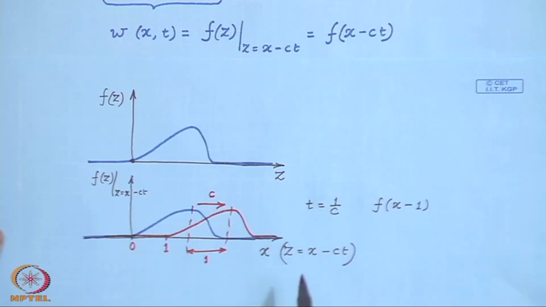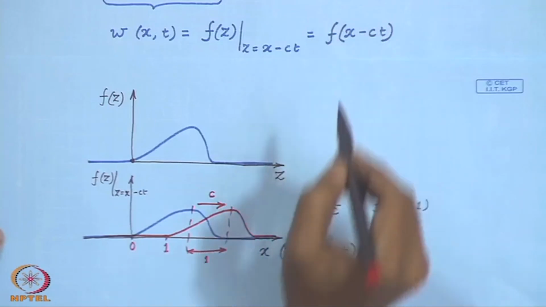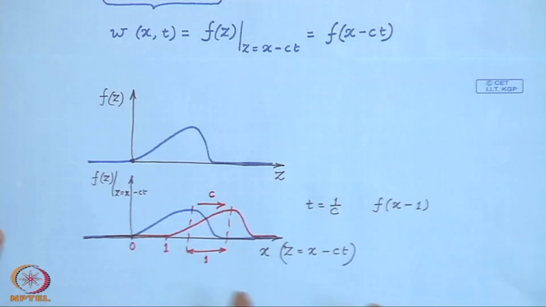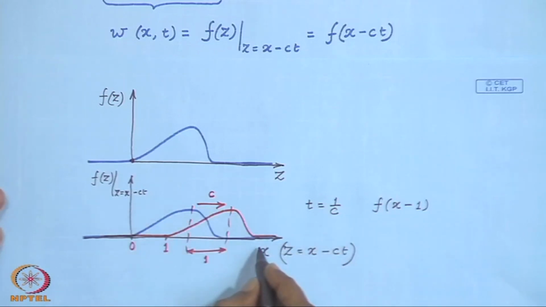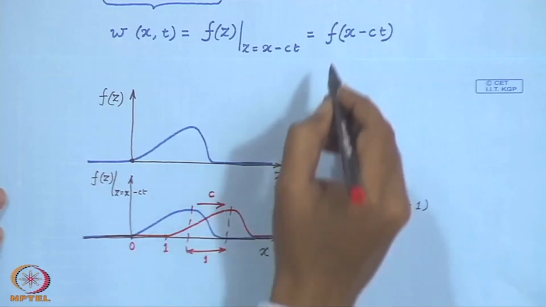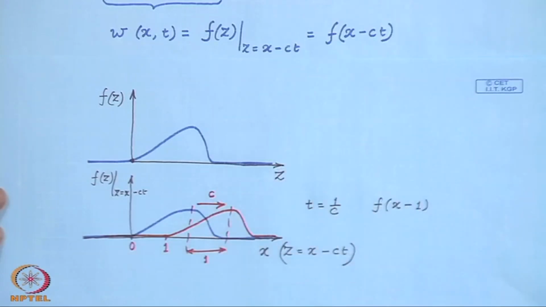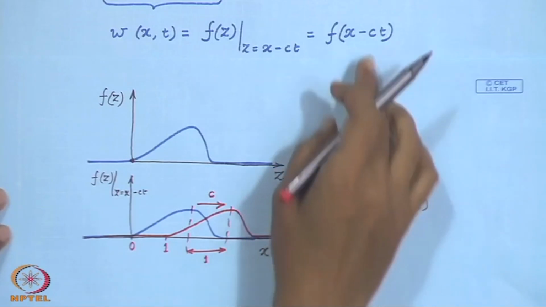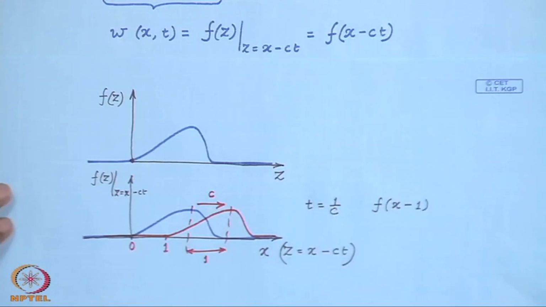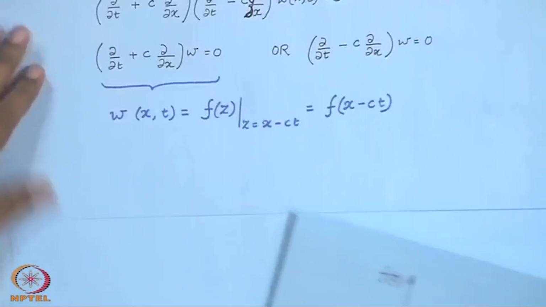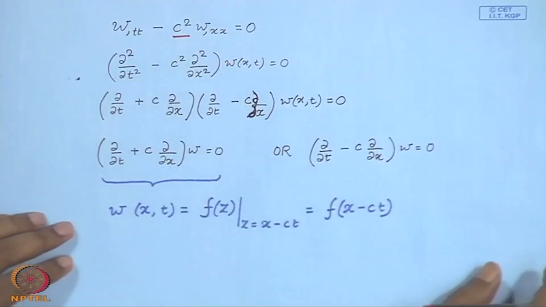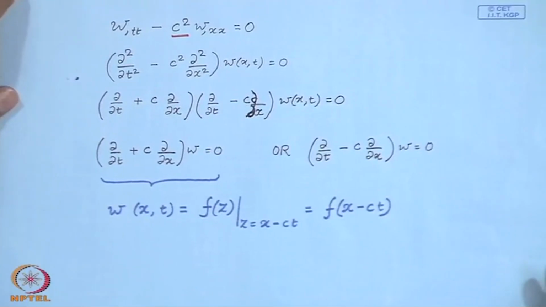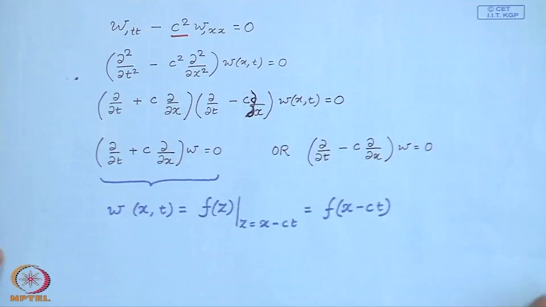Thus, we observe that this solution represents a travelling pulse or a travelling wave in the positive x direction at a speed c. This is the reason why this same c in the wave equation is known as the speed of propagation of the wave.